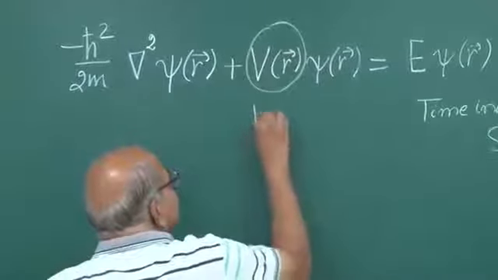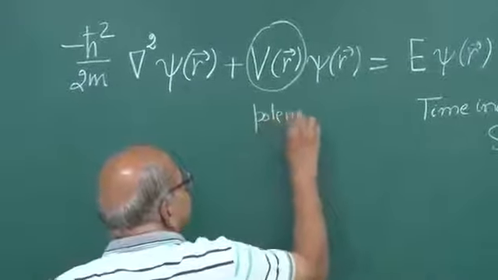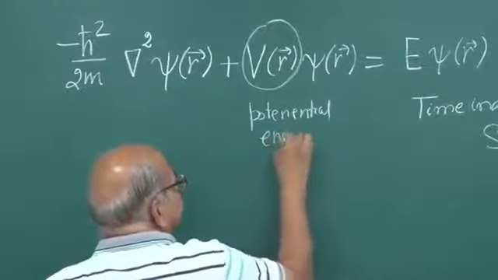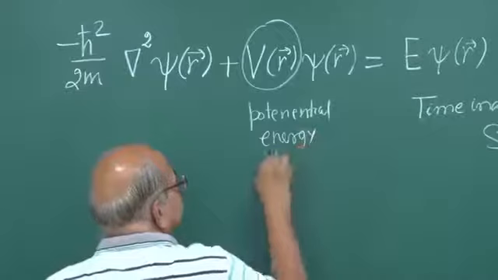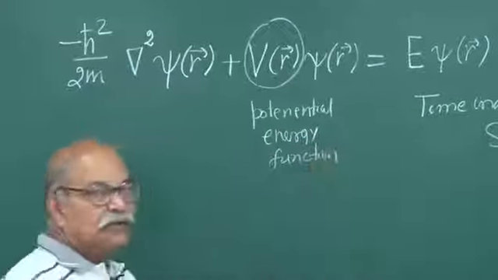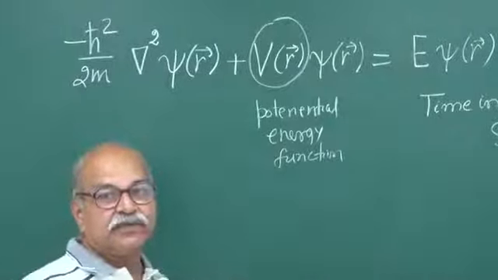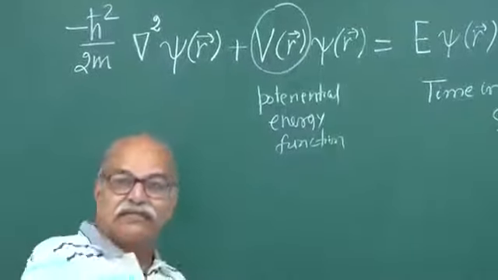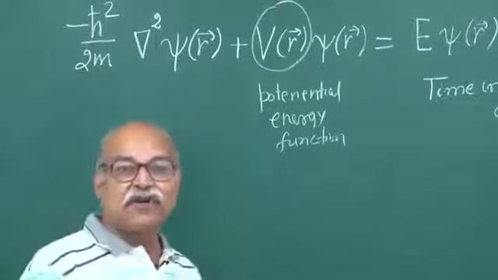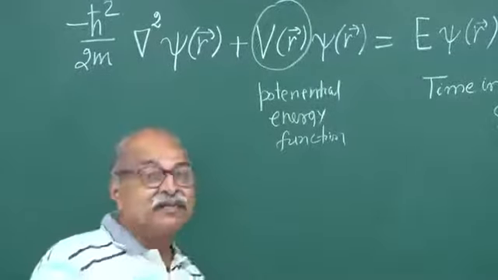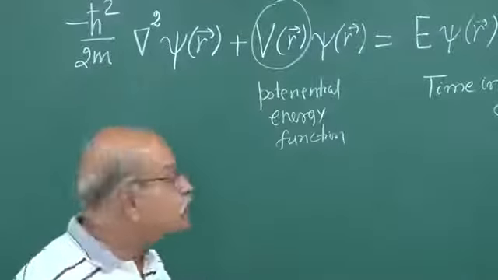Here is that potential energy function. Like in the Coulomb hydrogen atom case, this was e squared over 4 pi epsilon naught r. R you can write as the square root of x squared plus y squared plus z squared if you are using Cartesian coordinates, or r if you are using spherical coordinates.